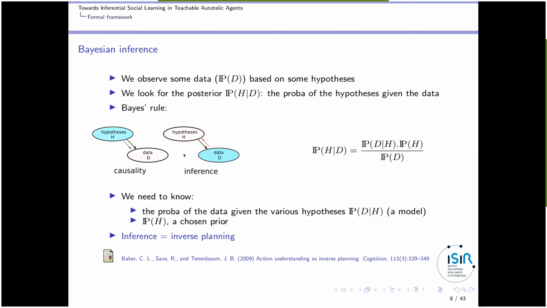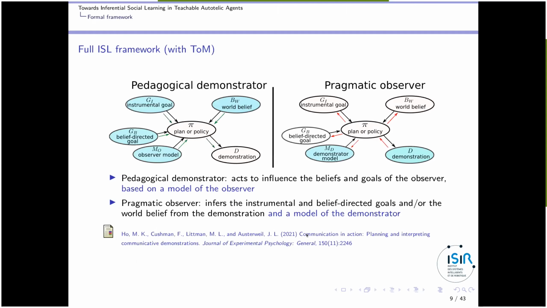So that's the causal way, that's the inference way, and inference can also be called inverse planning because you are using this graphical model in the reverse way with respect to causality. That's the very basics, let's say. This idea that inference is inverse planning is presented in that particular paper.